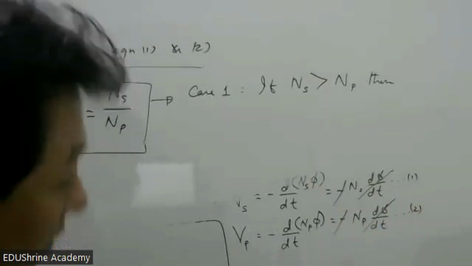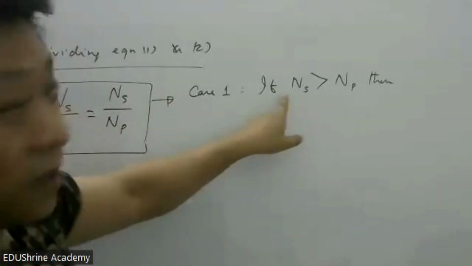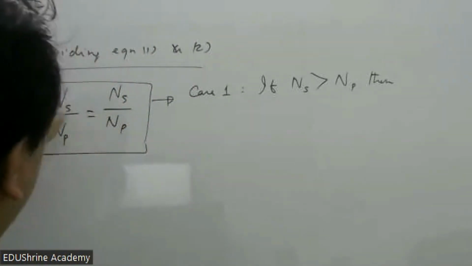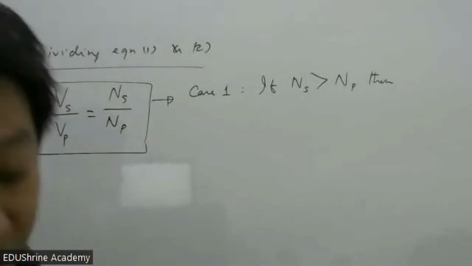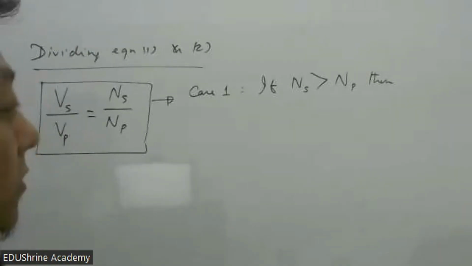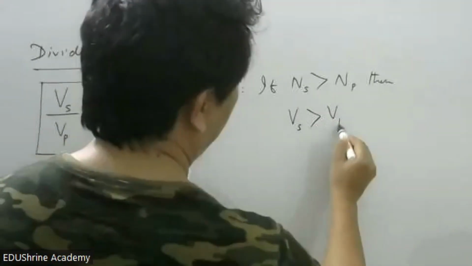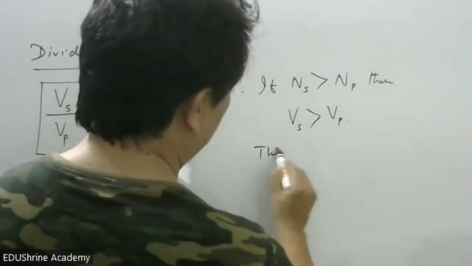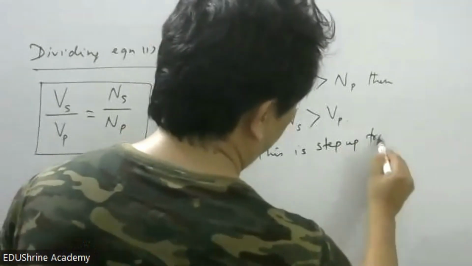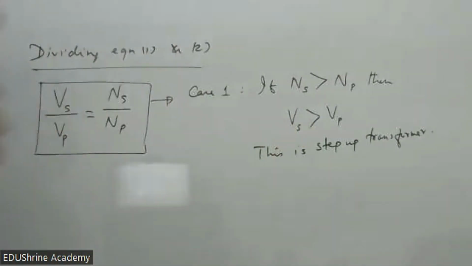Matlab your voltage has increased or decreased. So if your number of turns in secondary is greater than the number of turns in primary, this voltage is more, or this voltage is more, Vs or Vp? Yes. Vs. So Vs will be more than Vp. This is your step up transformer. So how to make a step up transformer?